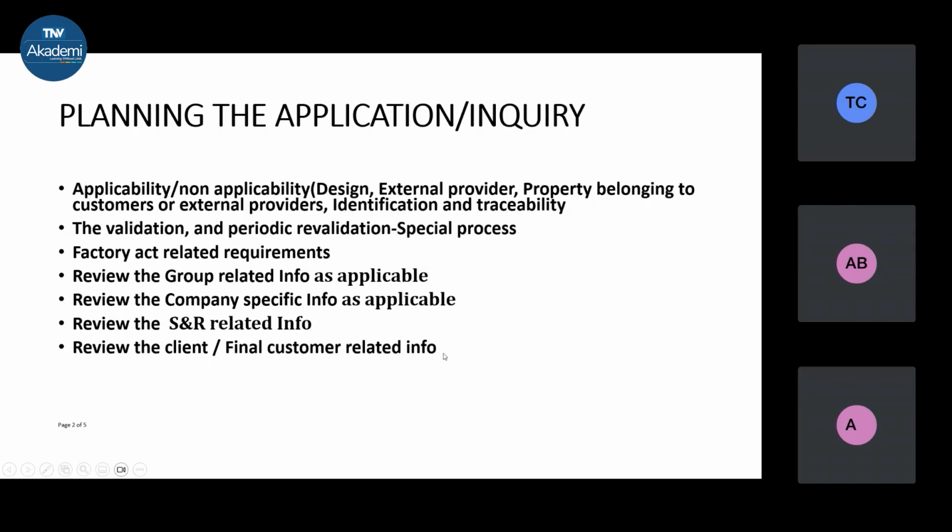Review the client's final customer related information. Sometimes the client's client, or what we sometimes call the final customer, has some more specific requirements. For example, we are going for an IMS certification, where the client is also going for IATF certification. So they will have a specific requirement to be addressed. If they are mentioned in the application form, the review team will understand that these are the specific requirements.